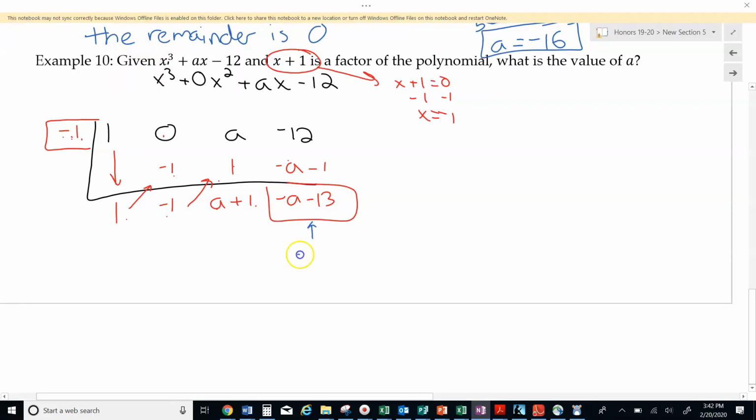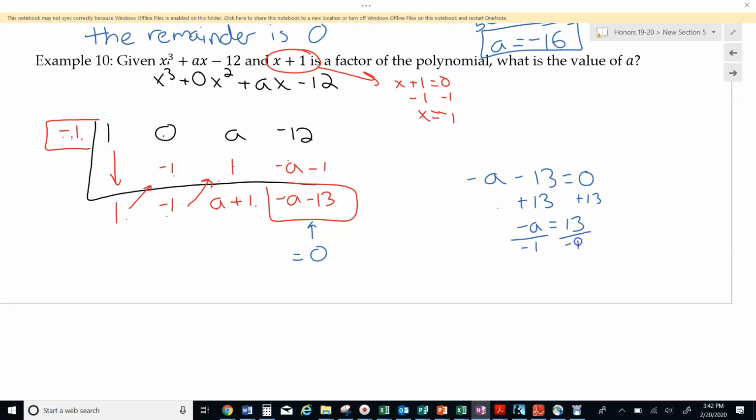So again, I know this is equal to 0, right? So negative a minus 13 equals 0. Add 13. Get rid of that negative. So a equals negative 13.